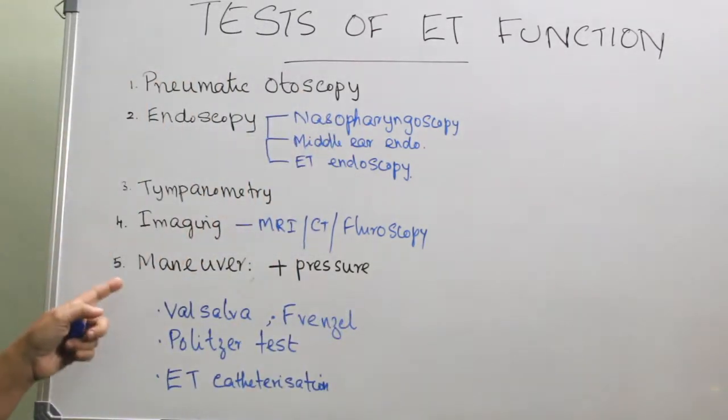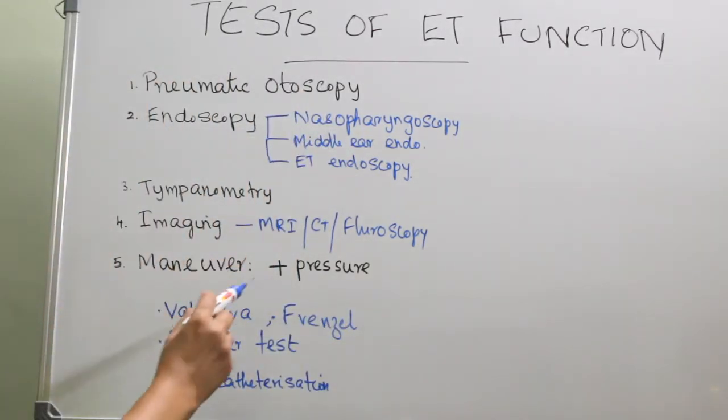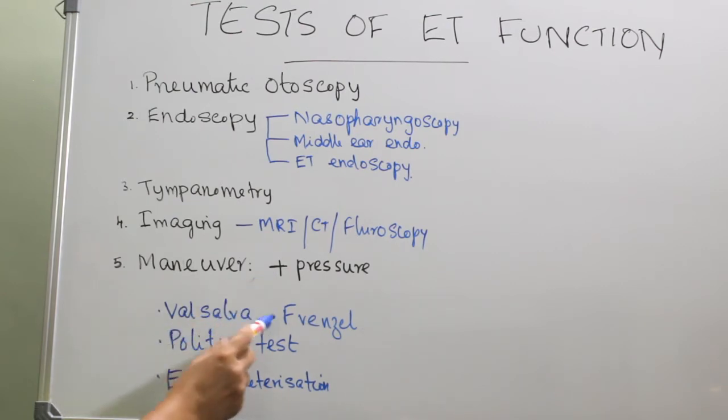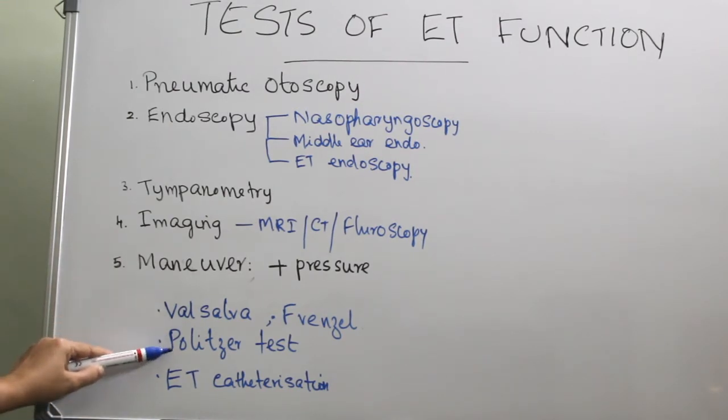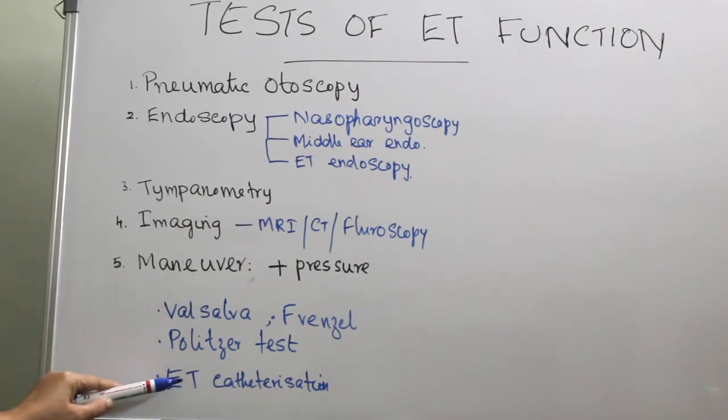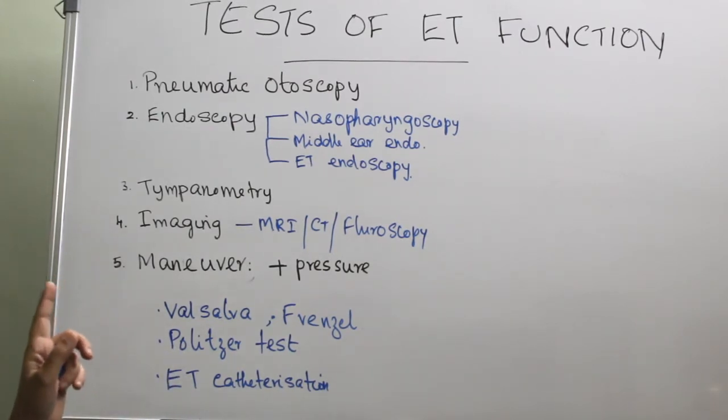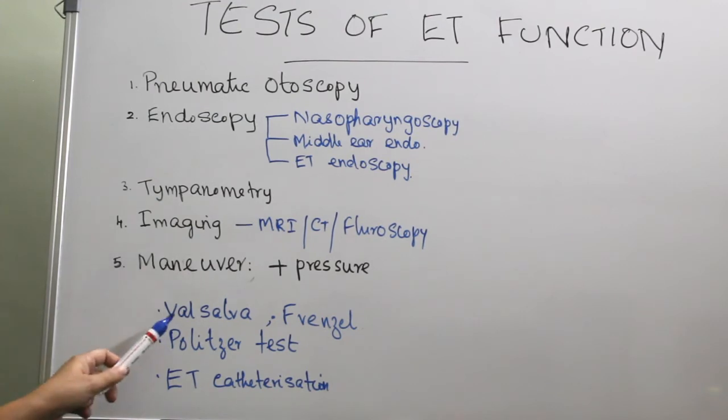Of these, the maneuvers which produce a positive pressure in the nasopharynx are Valsalva, Frenzel, Politzer test and Eustachian tube catheterization. Of these, the Valsalva, the Politzer test and the Eustachian tube catheterization are outdated now. But in examinations, sometimes these will be asked as short notes.